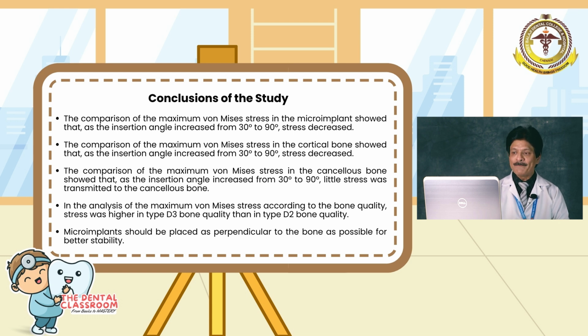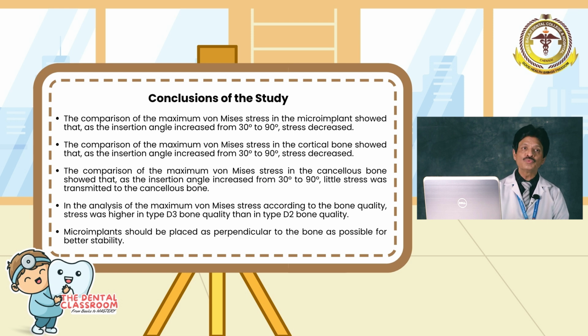And when we compared the maximum von Mises stress in the cortical bone, it also showed that as the insertion angle increased from 30 degrees to 90 degrees, the stress decreased. And the comparison of the maximum von Mises stress in the cancellous bone showed that as the insertion angle increased once again from 30 degrees to 90 degrees, little stress was transmitted to the cancellous bone.